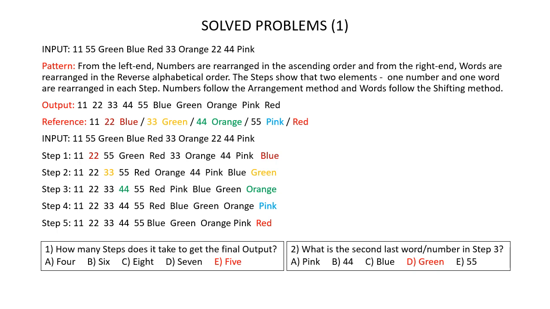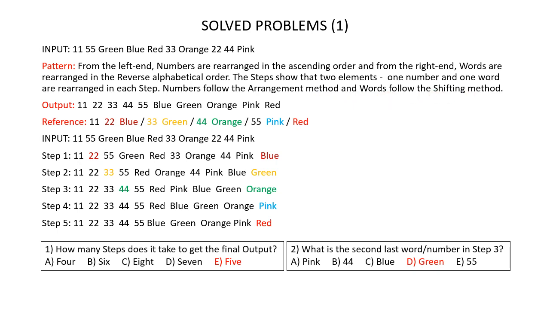Now, as you can see here, there are 10 input elements, and also the steps show that two elements are rearranged in each step, one number and one word. So in the reference there has to be five sets. Also, we know that numbers follow the arrangement method and words follow the shifting method.